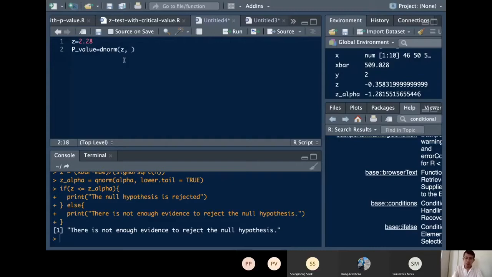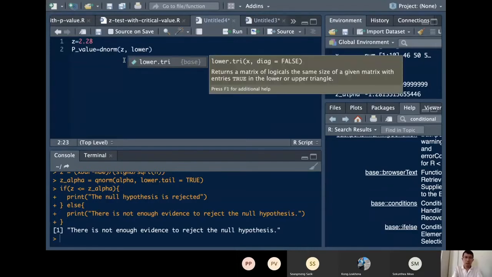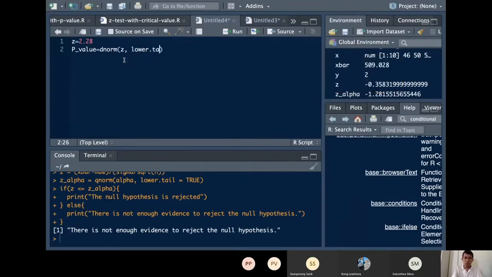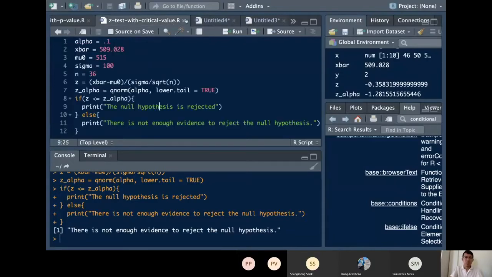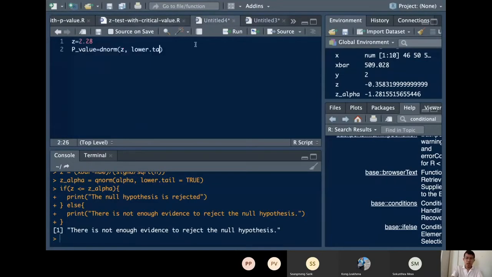And by default, lower.tail is TRUE, so we set lower.tail equal to FALSE.